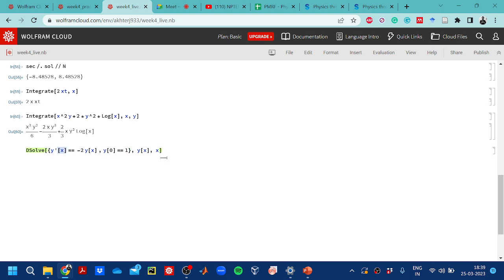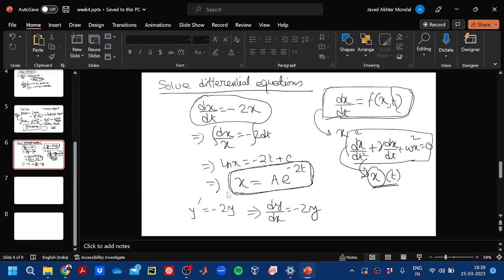For a first order differential equation, there will be one constant, and to evaluate this constant, you have to give one initial condition. Suppose we know the value at t equal to 0 is a0. From this condition we can evaluate the value of a.